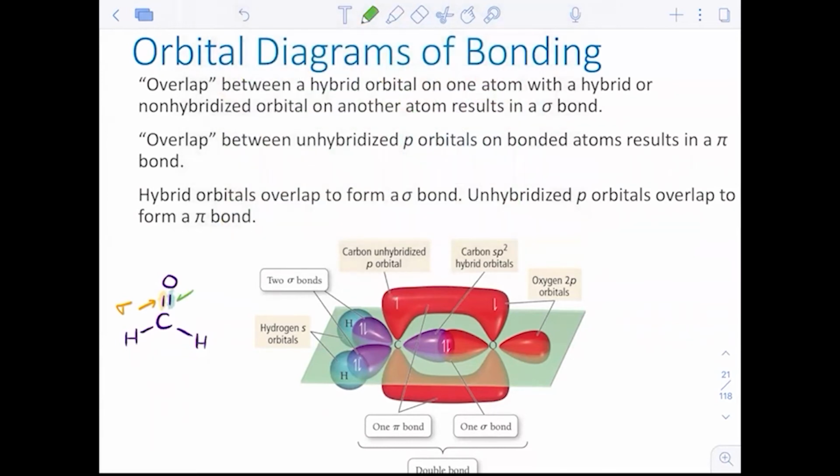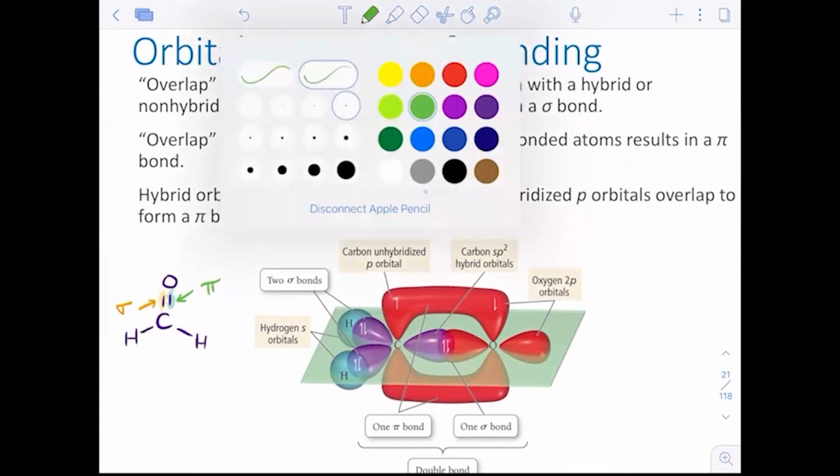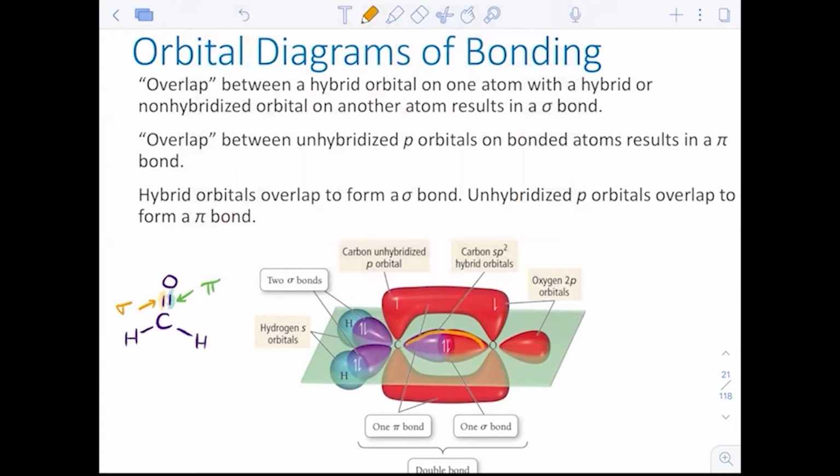Whenever you see a double bond, one is that direct overlap right here. Direct overlap, very, very strong. That's going to be the carbon sp2 orbital with the oxygen p. Remember, outer atoms do not have to hybridize. They don't need to. Oxygen has 2 unpaired electrons, so it's good to make its 2 bonds as an outer atom.